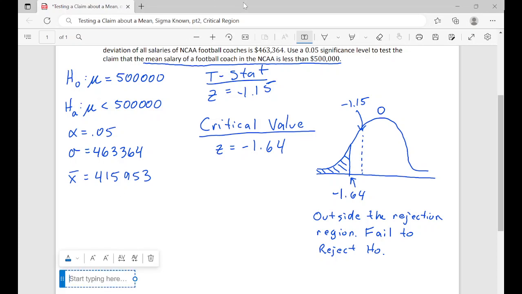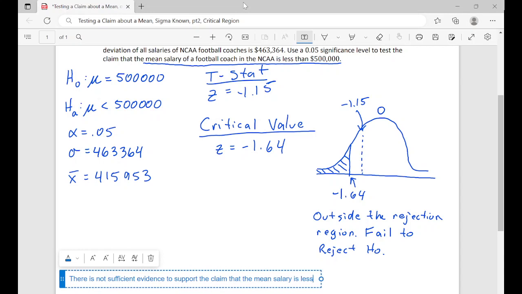Since we failed to reject, we can say that there is not sufficient evidence to support the claim that the mean salary is less than $500,000.